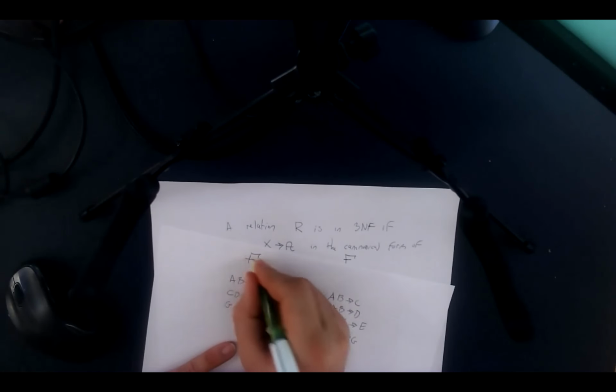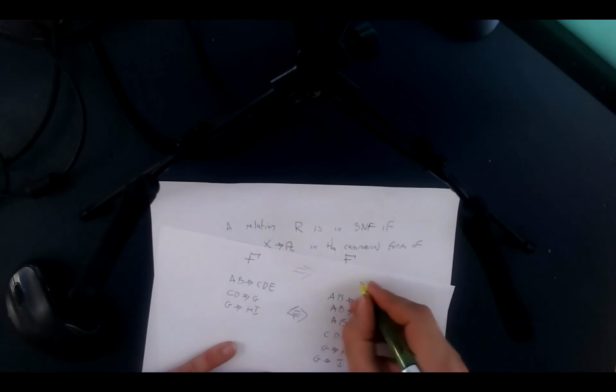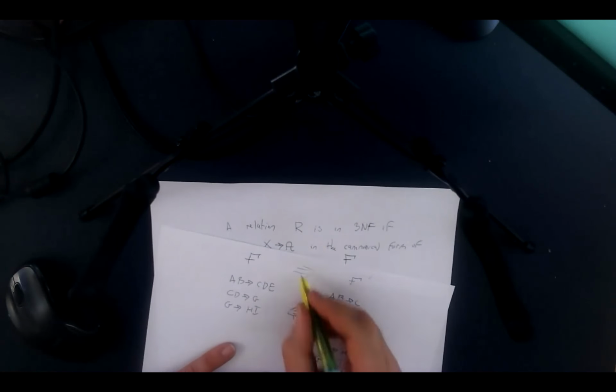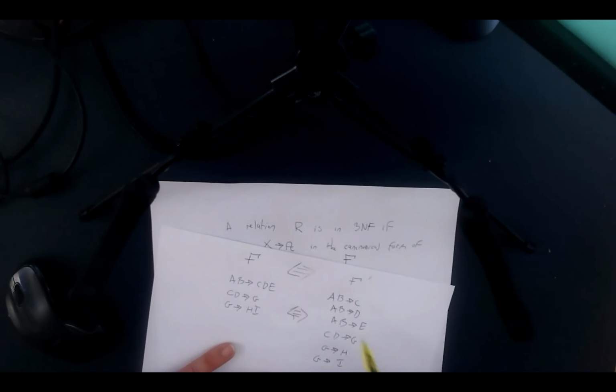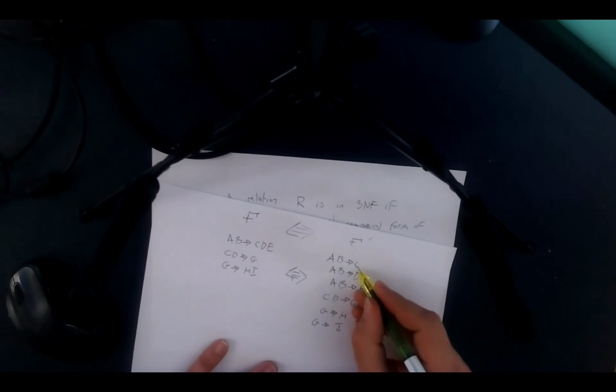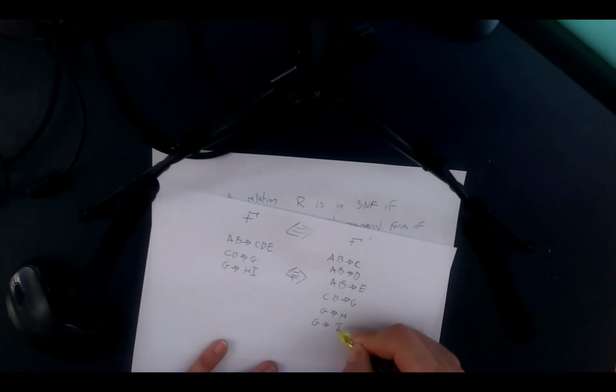So I can always take a set of functional dependencies and convert them into this canonical form, where F and F prime are equivalent. I can always transform them into an equivalent canonical form where we only have one attribute on the right-hand side.